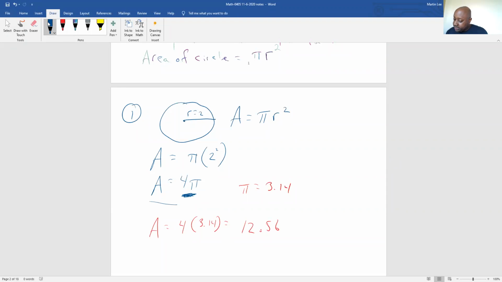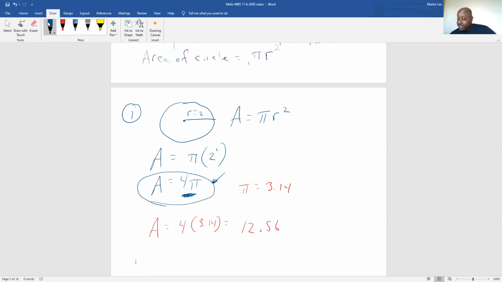But more than likely, your answer is going to be just what I just circled. You shouldn't have to substitute pi in, but again, if they tell you to do it, then multiply. Any questions about that? Nope. Pretty straightforward. Okay.